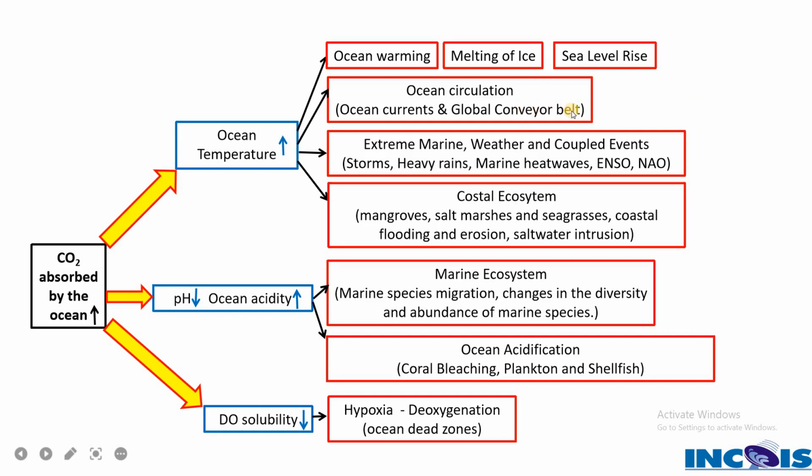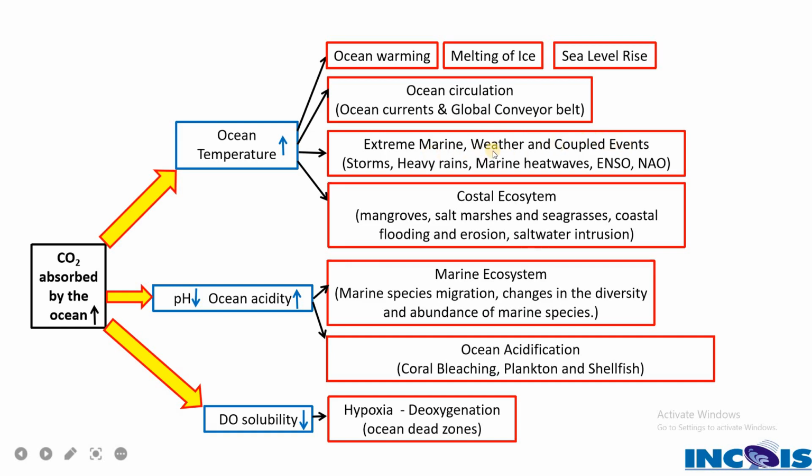This is majorly driven by the density of seawater, and the density of seawater is again majorly driven by temperature and salinity, right? So when there is a change in temperature, that also leads to a change in density. Again, that leads to a change in the movement of this global circulation, what we call the global conveyor belt or thermohaline circulation, right?